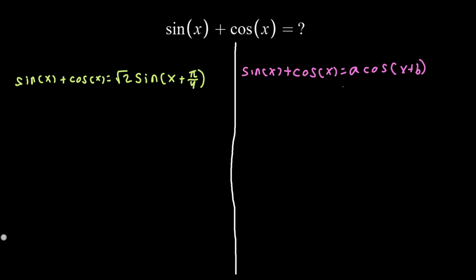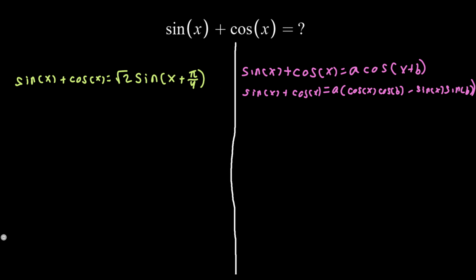The right side becomes a times cosine of x cosine of b minus sine of x and sine of b, and that is equal to sine of x plus cosine of x.